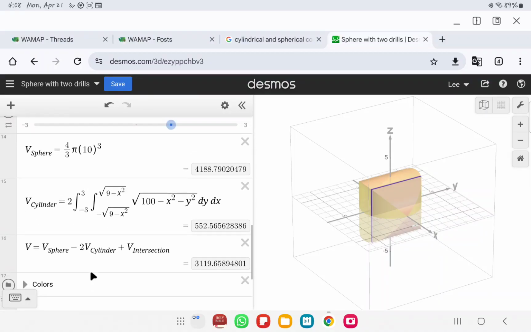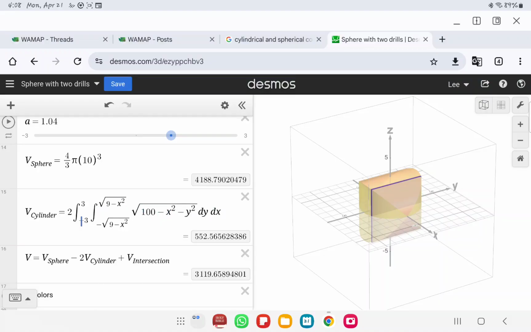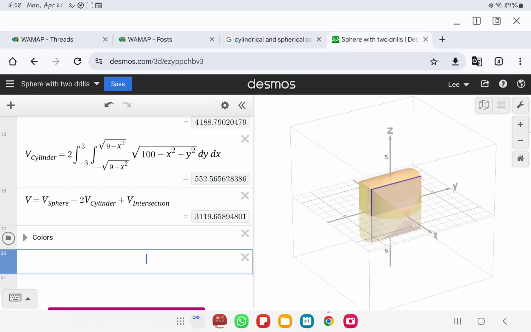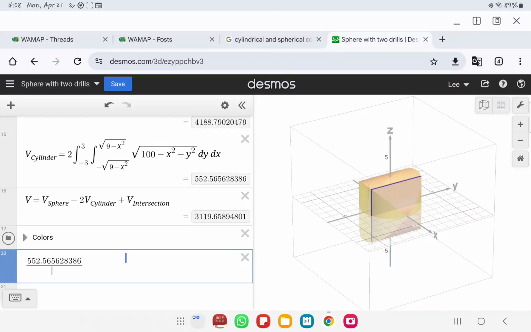If you're wanting exact values, these integrals you can compute by hand and get some exact values. Or sometimes you can even fudge a little bit, like take this number here, go down, and if you think it's something in terms of pi, divide by pi.